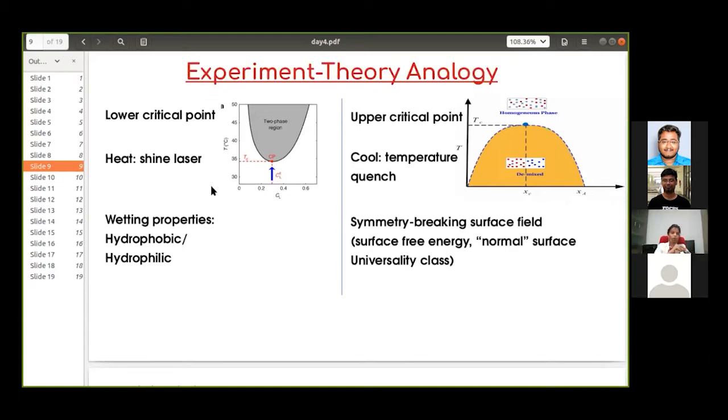Okay. Now, what about the surface properties? Like you saw, these layers which are forming correspond to some kind of wetting property, right? So either the particle is hydrophobic, which means it doesn't like the water phase, or it's hydrophilic, which means it likes the water phase to come and form a layer on top of the particle. Those properties are taken into account, once again, in terms of the surface free energy.